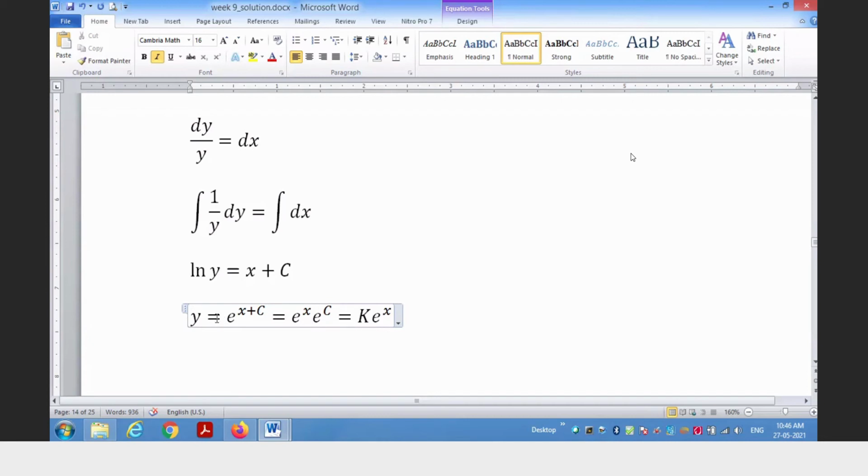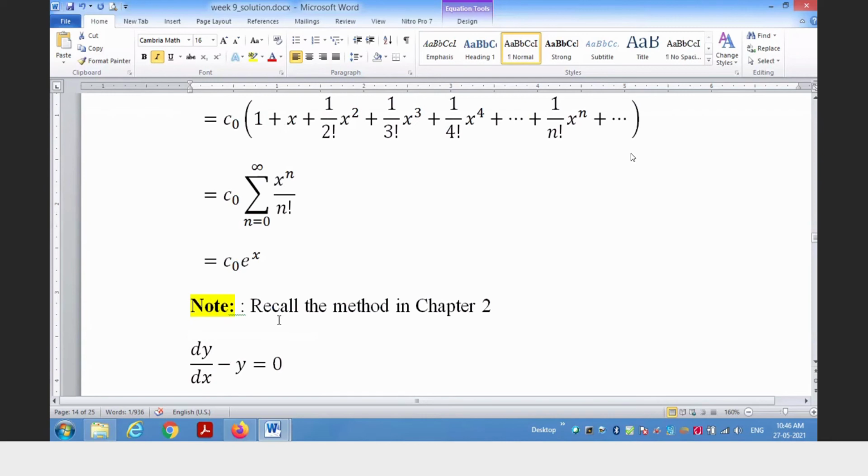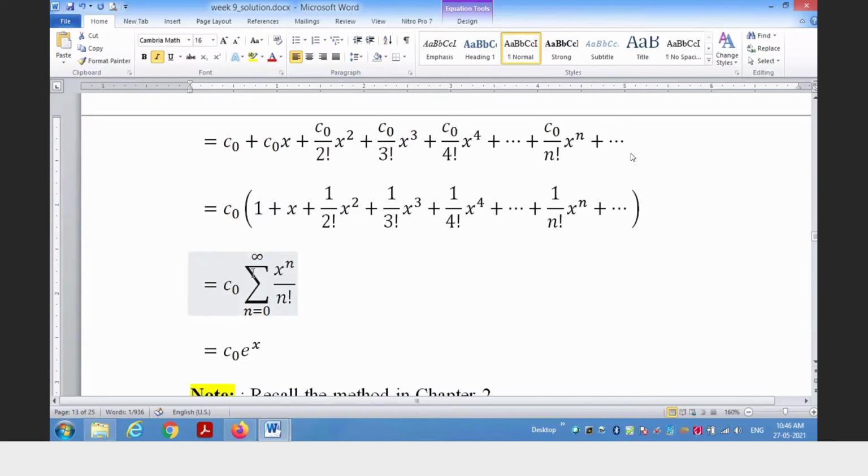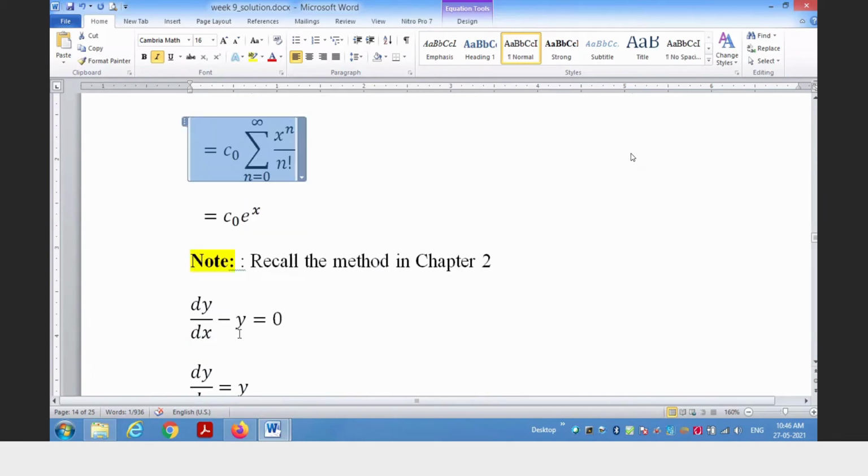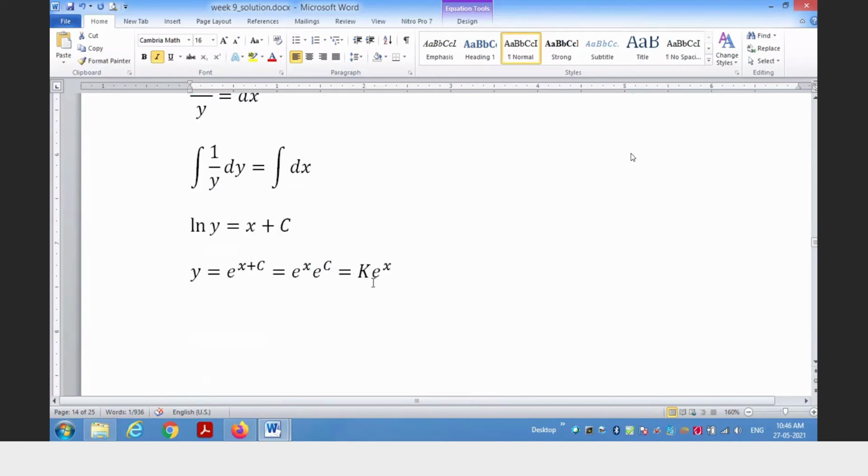So that is the solution that you learned in chapter 2, and this is in chapter 4. Even though the formats are different, they are representing the same thing.